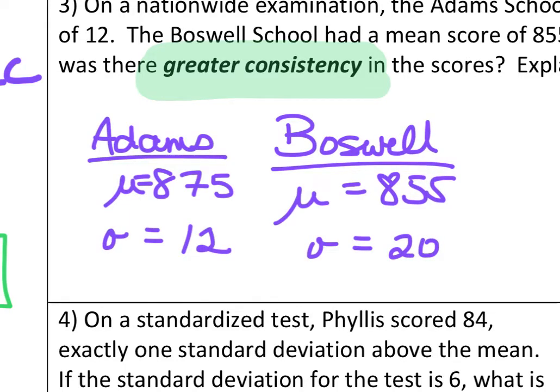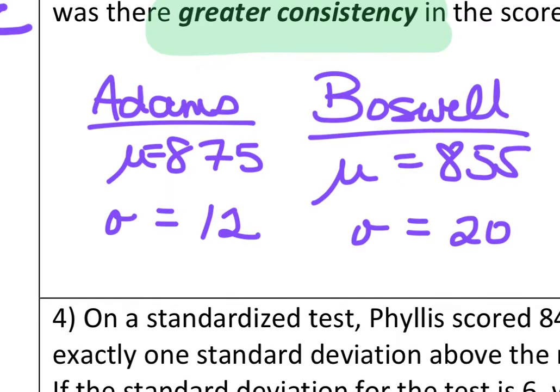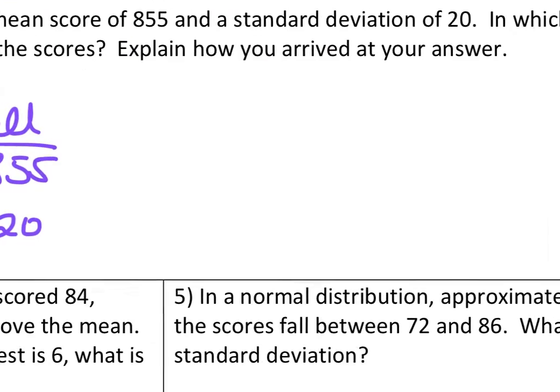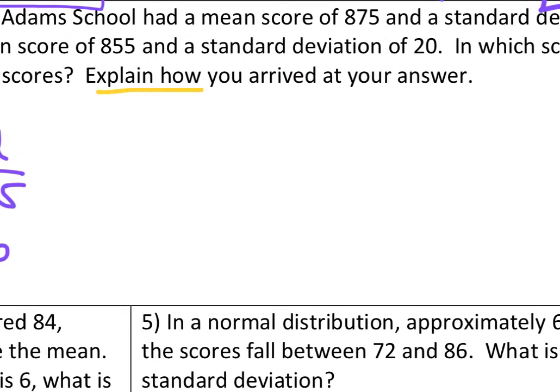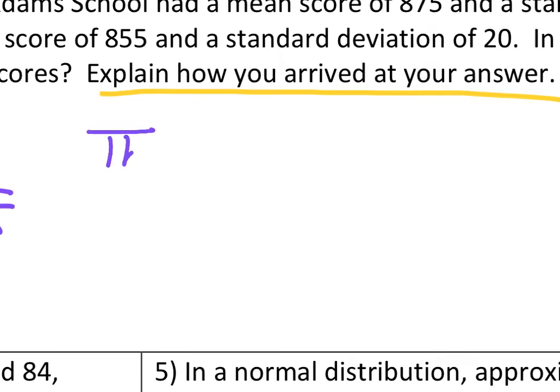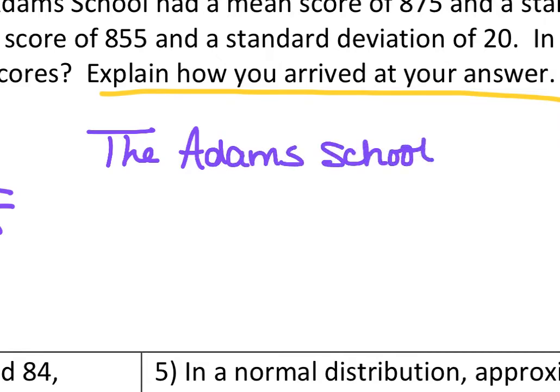And since the standard deviation for the Adams School is lower, it's a lower number, then that indicates a greater consistency in the score, because more of the scores are closer to the mean than at the Boswell School. And so in order to explain how you arrived at your answer, you'll want to say something like maybe the Adams School had greater consistency in their scores.